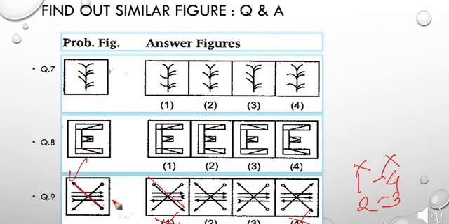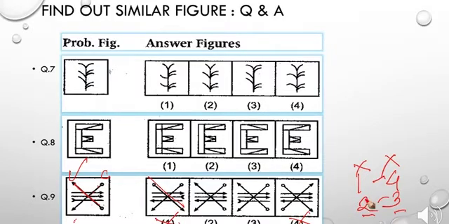So let's study one more arrow. We are talking about this arrow which is intersecting or crossing the other arrow. On the upper right corner there is a circle here, and here is the tip of the arrow. Let's first check in option 2, because we are left with options 2 and 3 only.